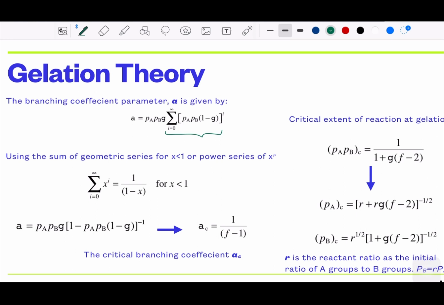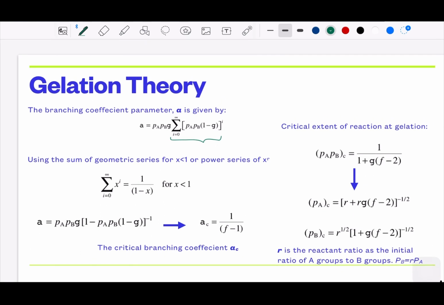The same or similar condition with the P critical, we can also make the critical branching coefficient. So we can deduce what this f will be.